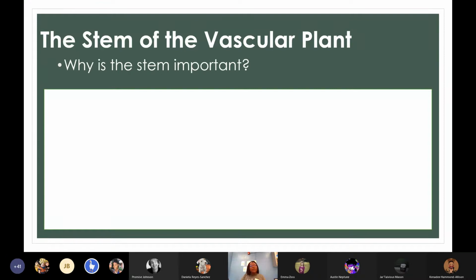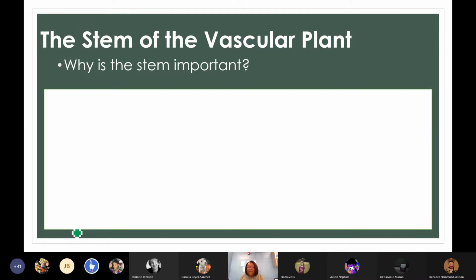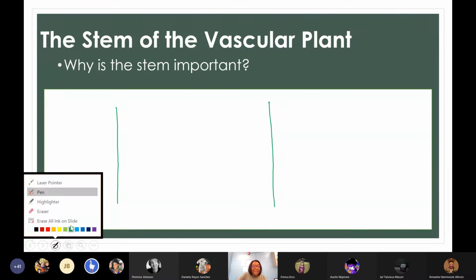In your notes, if you don't have this picture already, I would suggest that you get it. If we did a cross section, a cut open of our stem, we would find that there are two different highways going inside of that stem.